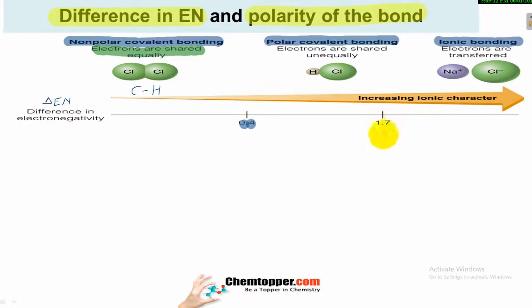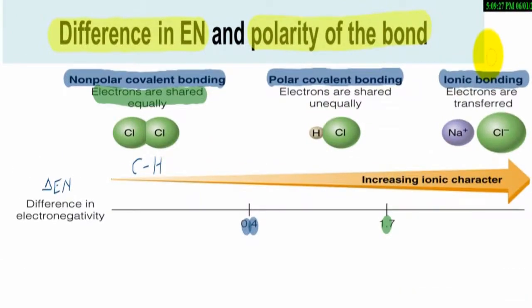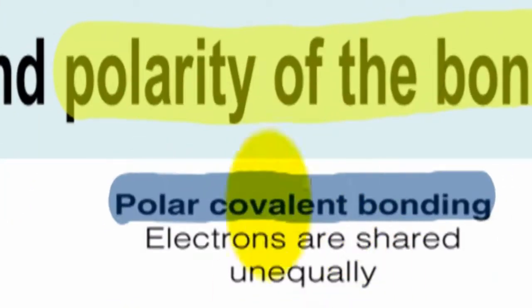But when the difference in electronegativity is more than 1.7, electrons are not shared but nearly transferred. This is the case when metals are bonded to non-metals. Here electrons are completely transferred from metals to non-metals. These are ionic bonds. If the difference lies between 0.5 and 1.7, then electrons are shared but not equally.